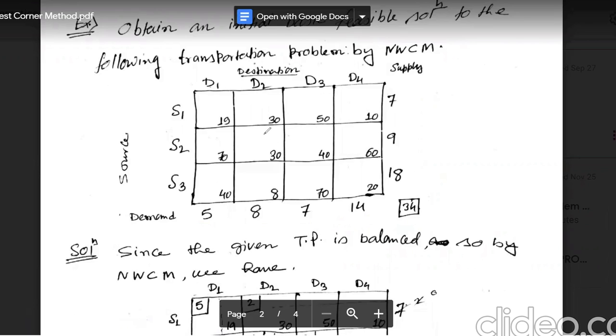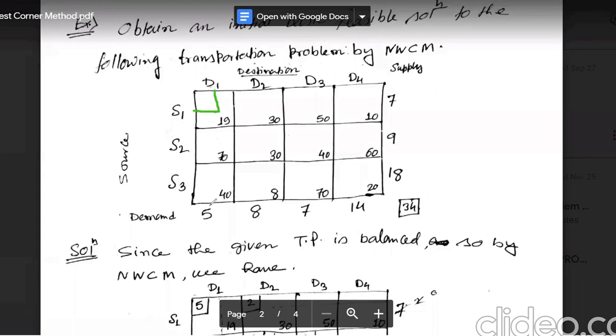In the procedure for the northwest corner method, we have to start from the very first corner cell, and allocate here. This is the destination D1.